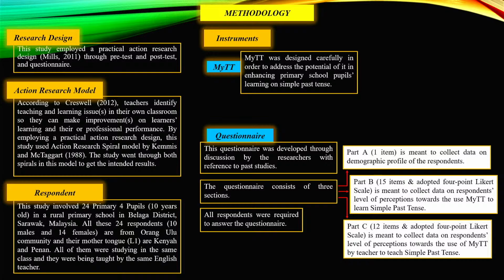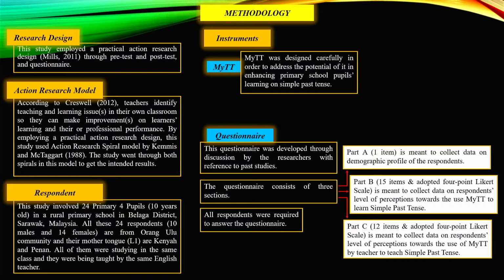The instrument, of course, is MyTT itself, and the questionnaire. The questionnaire has 3 parts. Part A is for the demographic profile, where I collect the information. Part B is for the first objective of this research, which is to collect data on respondents' level of perception of MyTT for them to learn simple past tense.